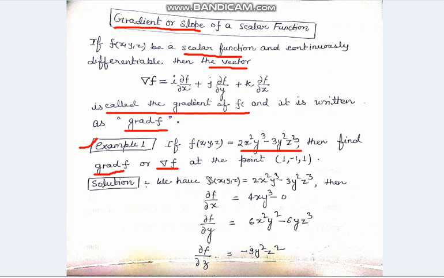First of all, we will find its partial derivative with respect to x. When we differentiate this function with respect to x, we get from the first term 4xy³, and the second term, because x is not there, its derivative with respect to x will be 0. Similarly, we can find ∂f/∂y and then ∂f/∂z.